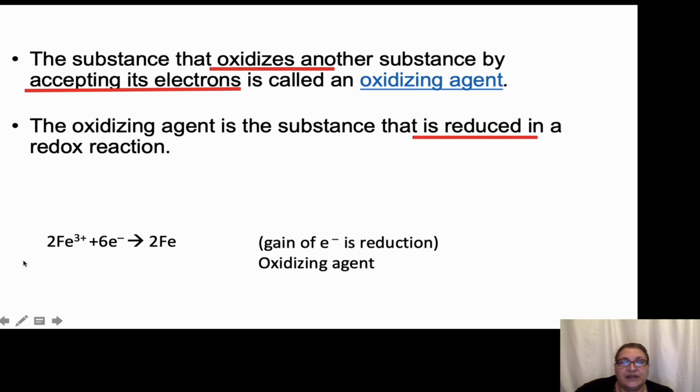In this example right here, iron positive 3 goes to 0. That's a gain of electrons. It's a reduction, and it's a good oxidizing agent. So oxidizing agents are the ones that are being reduced in a reaction.